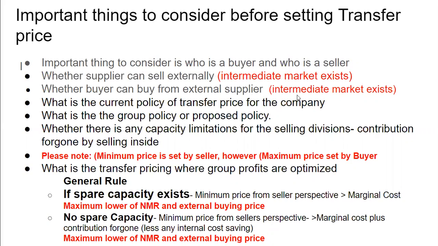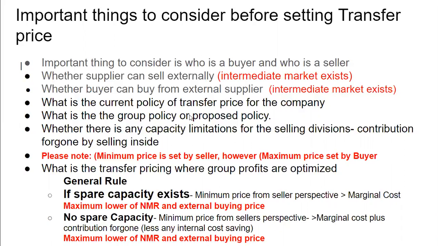And also the data, what is their own cost, what is the selling price, what is the external price. And also you need to think about whether the supplier has an intermediate market and whether the buyer has an intermediate market. Then the rules would be different. Then you have to see whether there are any capacity limitations as well, whether there's any contribution foregone. In that case the minimum should cover the contribution foregone at the same time.